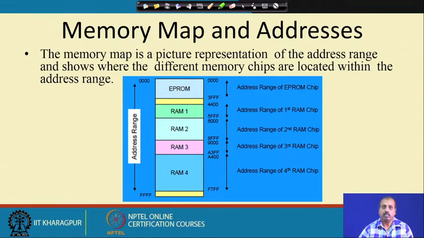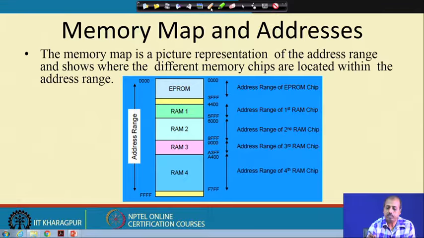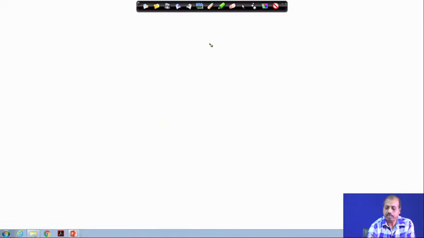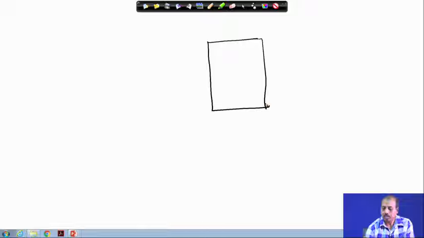Next we will be talking about an important concept which is known as memory map and address. As I have said, a memory is nothing but some storage. If this is the storage, then there are two questions to be answered, like how we are storing information there.